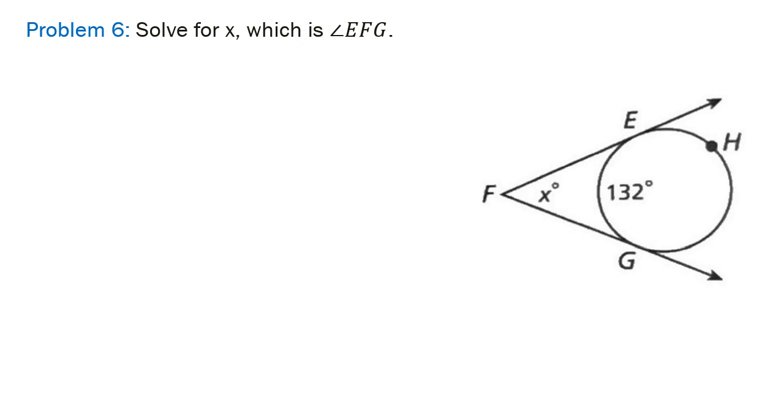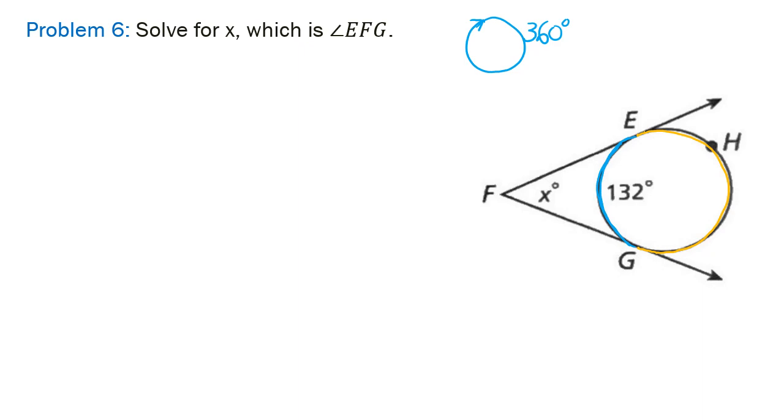All right, so for this problem, they want us to solve for x again, which means you're trying to find angle EFG. But this time they only give us one arc measurement. They give us the interior one here of 132. Well, we've got to figure out what this one is here. Well, you should know that a circle is 360 degrees all the way around.